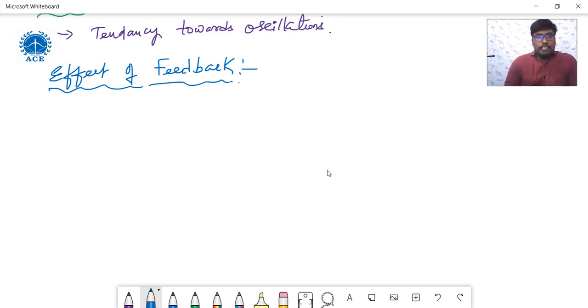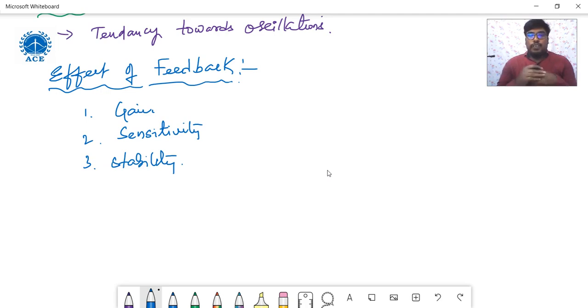The first one is gain of the system, the second one, as we discussed, is sensitivity, and the third one, the major one, is stability. Okay, so we will see the effect of feedback on these parameters: gain, sensitivity, and stability.